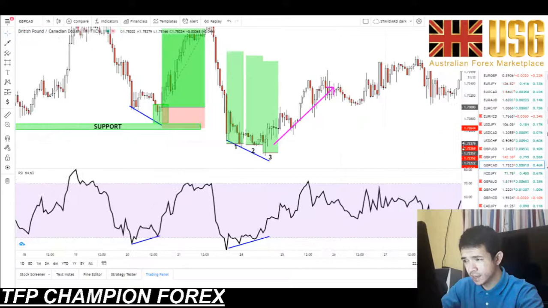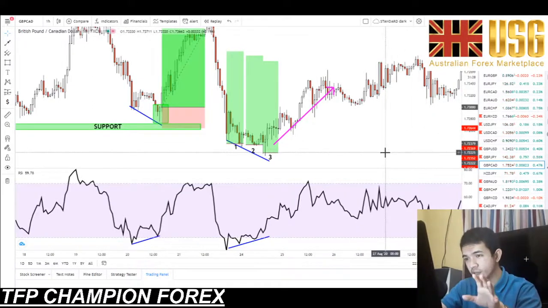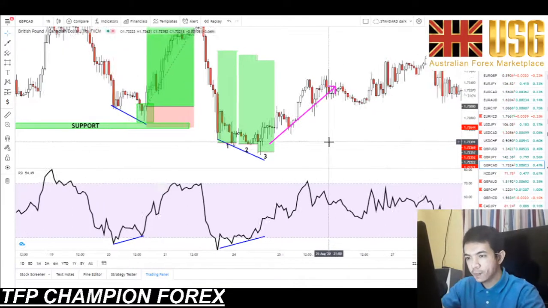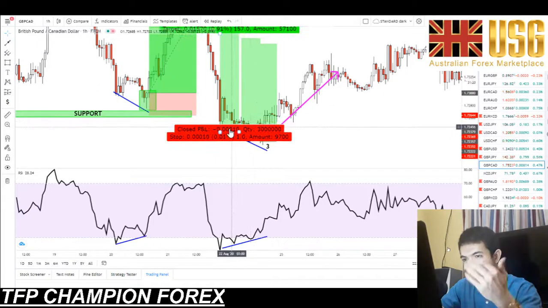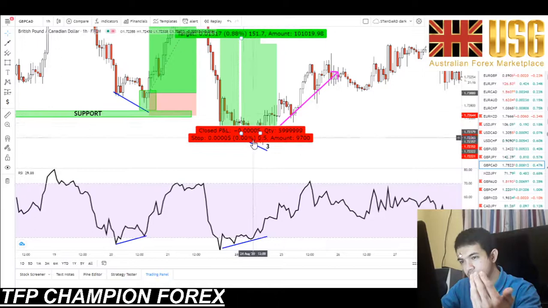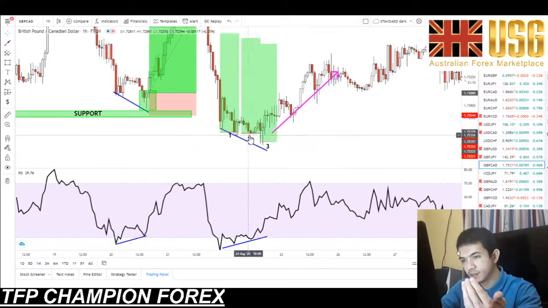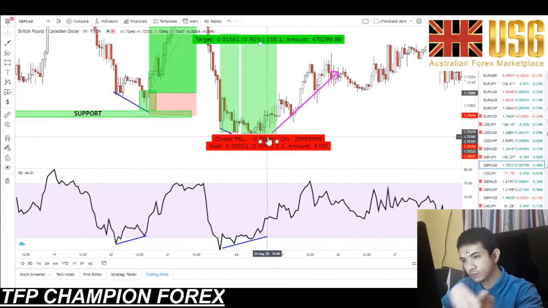But this, guys, is very risky. Don't use this strategy if you don't have enough capital in your trading account. So what I also do is place, for example, one lot here, and if I still don't catch it on the first cycle, I place another, for example 1.5 lots, and then the rest 2 lots.